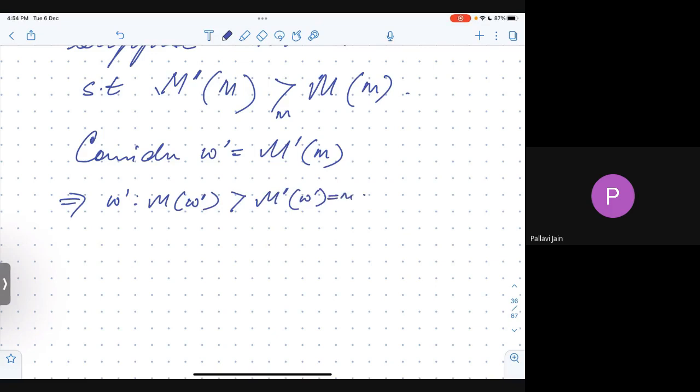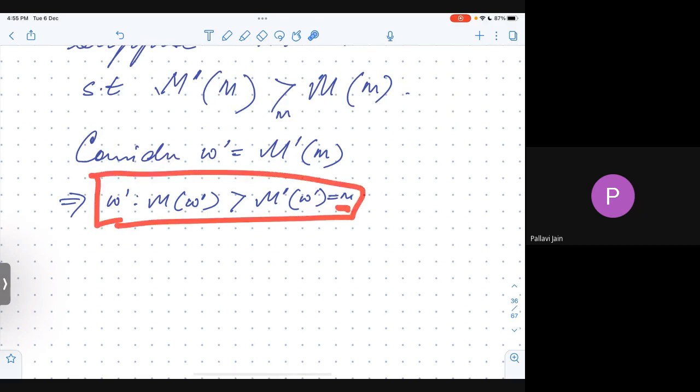Now, why a blocking pair? All we are saying is that we didn't avoid the contradiction, right? All we know is that W prime's partner in M must be better, according to her preference list, than M. That's a conclusion we have drawn here.